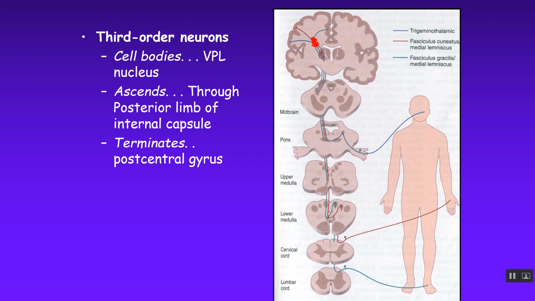That's the internal capsule. That's where those axons from the third order neurons are running through before they splay out to go to their final destination on the cerebral cortex. And they terminate in that post-central gyrus. Feeling okay about that?